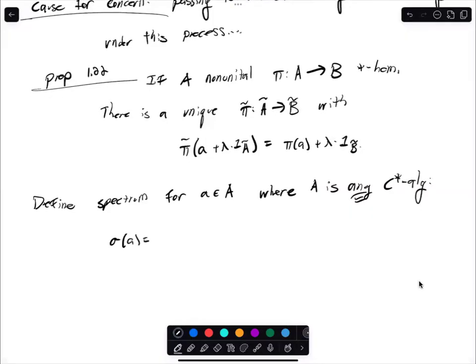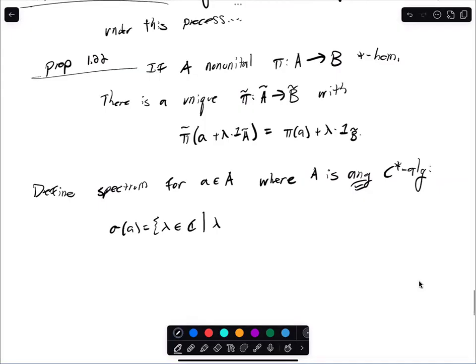Sigma of A is the set of all lambda in the complex numbers where lambda times 1 for the unitization minus A is not invertible in the unitization. That gets us back where we need it to be.